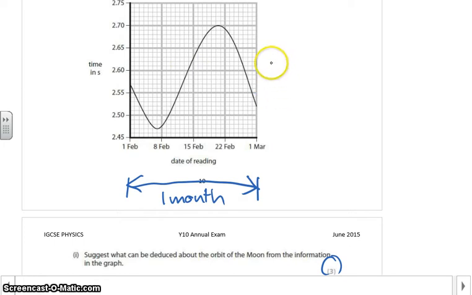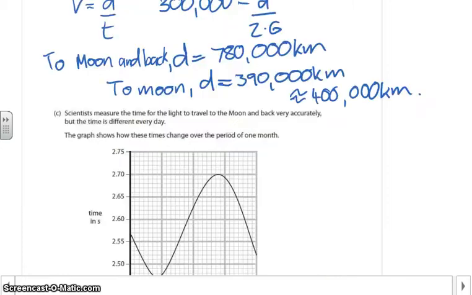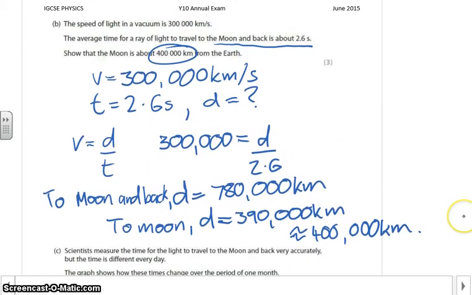The other thing is that if the time is increasing, let's go back to our equation up here. If the time is getting larger, the speed of light can't change. So if this is getting larger, then that must be because the moon's getting further away.